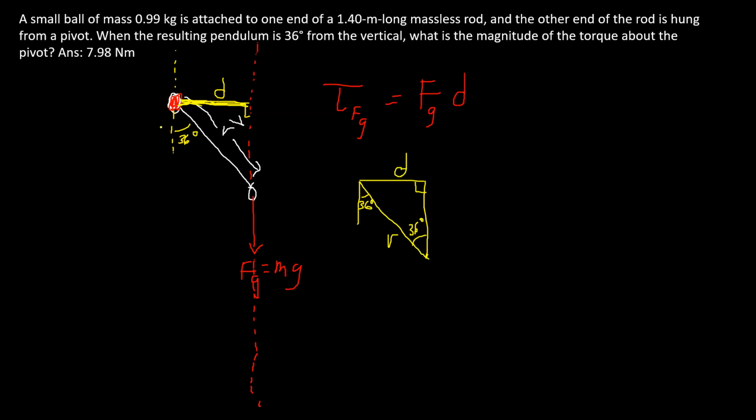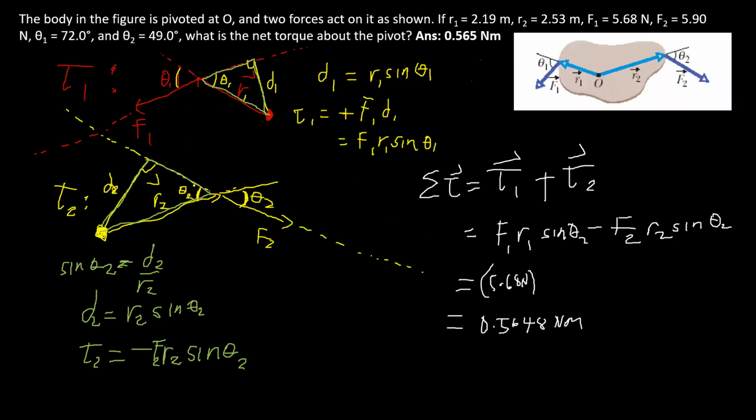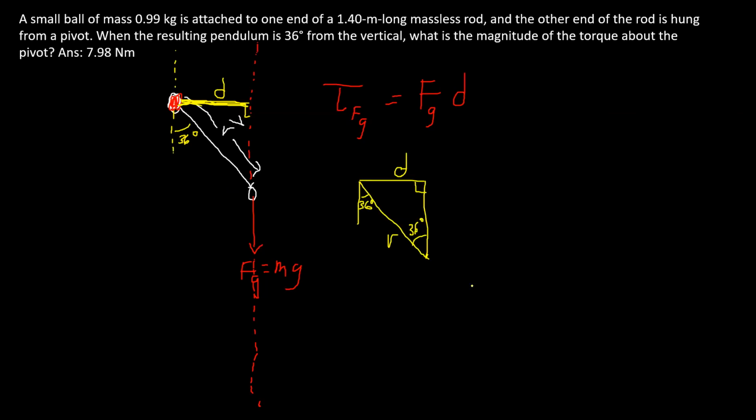Anyway, what's important is we now know that this one is 36 degrees. So sine of 36 is opposite over hypotenuse, so D is equal to R sine 36.